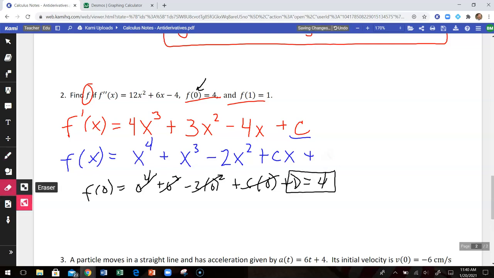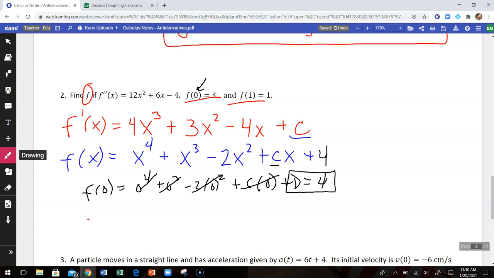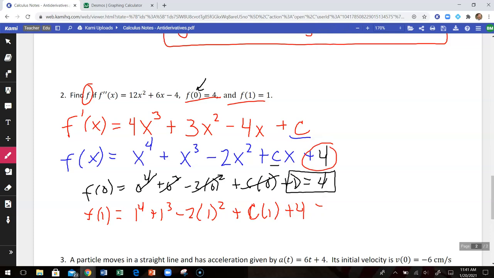So what I'm going to do now is go up and say, well, okay, if I know that d is 4, now I can find c by using my other piece of information. That tells me that if I were to evaluate at 1, I'm supposed to get 1. So 1 to the fourth plus 1 cubed minus 2 times 1 squared plus c times 1 plus, I know that d is 4, that's going to equal 1.